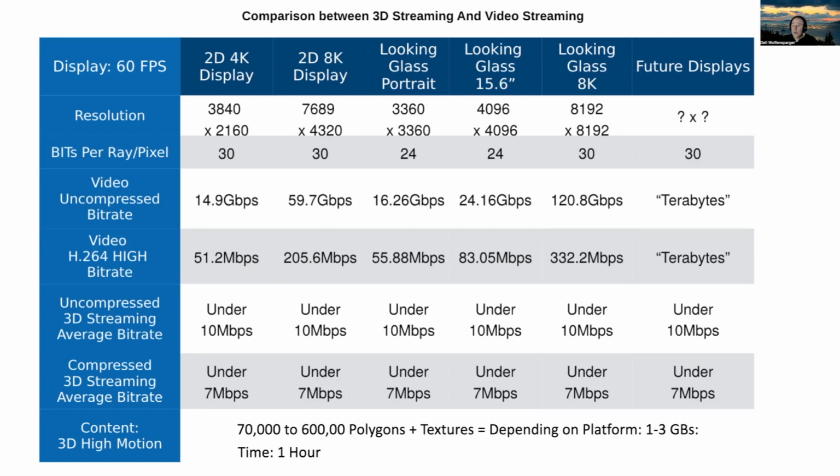The way we overcome that is by streaming the 3D, which is actually streaming the individual 3D objects, recreating the scene instead of using pixel-based streaming. And it's much more efficient. The other thing it gives us is the ability to have a much lower bit rate and a much lower file size in terms of total delivery.